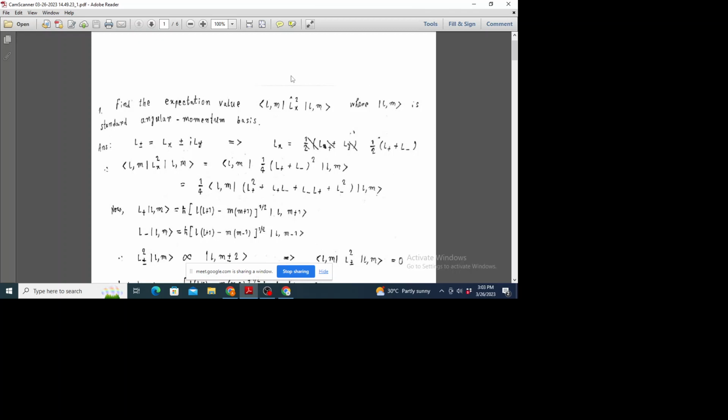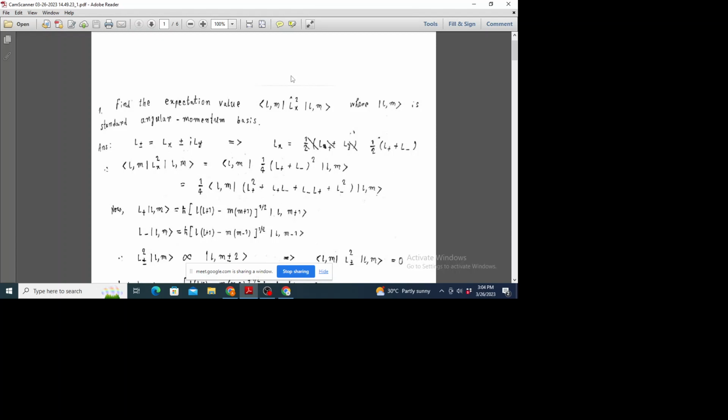So |l, m> is the simultaneous eigenstate of L squared and Lz. In that basis we have to find the expectation value of Lx squared. So how to do that? It is pretty straightforward.